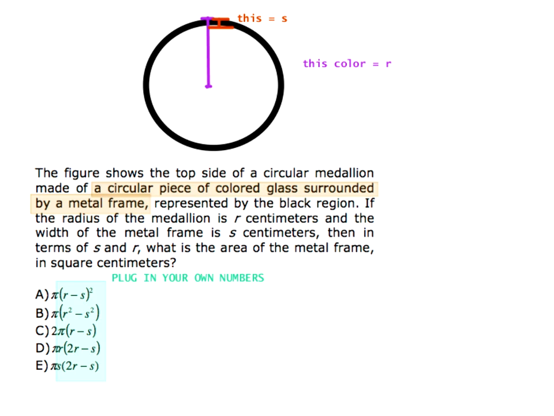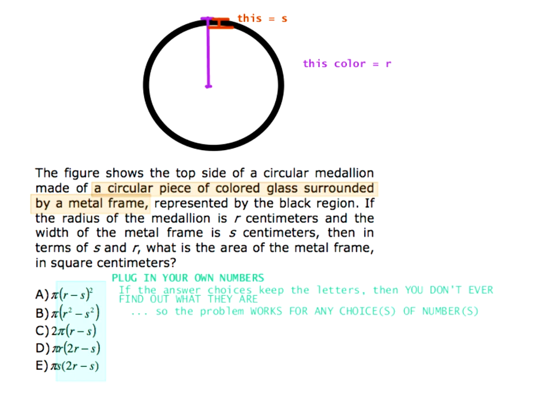So if the answer choices keep the letters, then you don't ever find out what they are, so you can pick them yourself. That means the problem has to work for any choice of those numbers. If it didn't, there would have to be some way to solve it if there were only particular solutions. So let's just make up our own values.